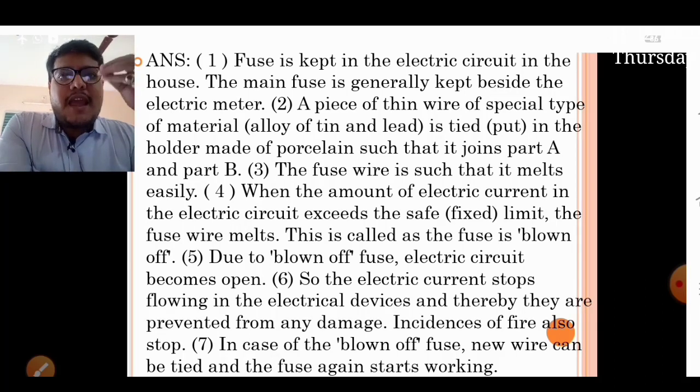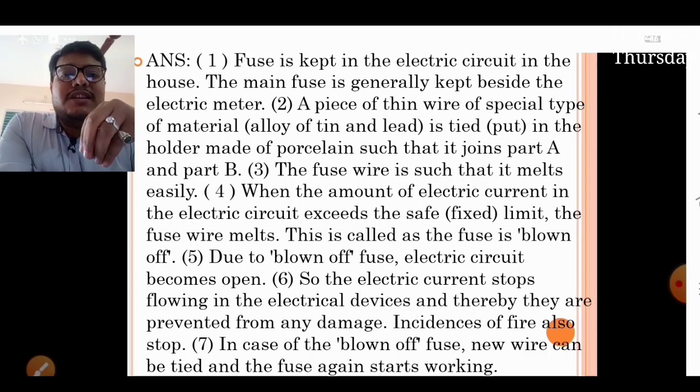By heavy current, your appliances can be damaged, and there can be a short circuit in your house, which causes a lot of danger for the people living there. So it is also prevented now. In the case of a blown fuse, a new wire can be tied and the fuse starts working again.